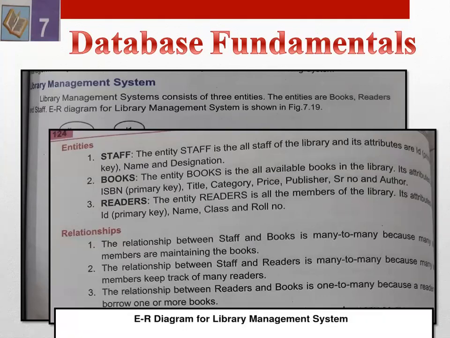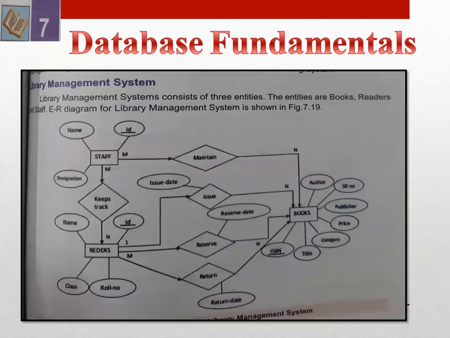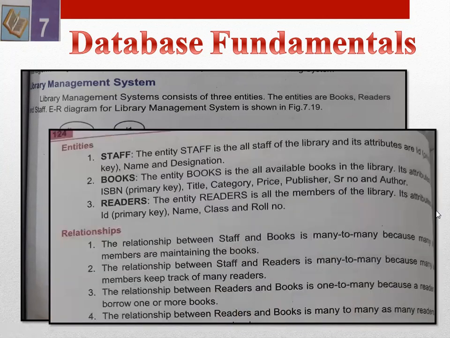So in the previous slide, we have viewed that we have staff, reader and books, and all these have attributes. The relationship between staff and books is many to many, because many staff members are maintaining the books.